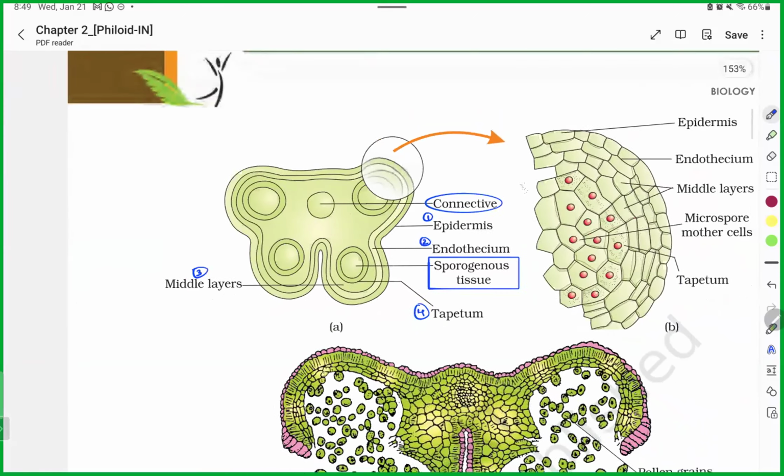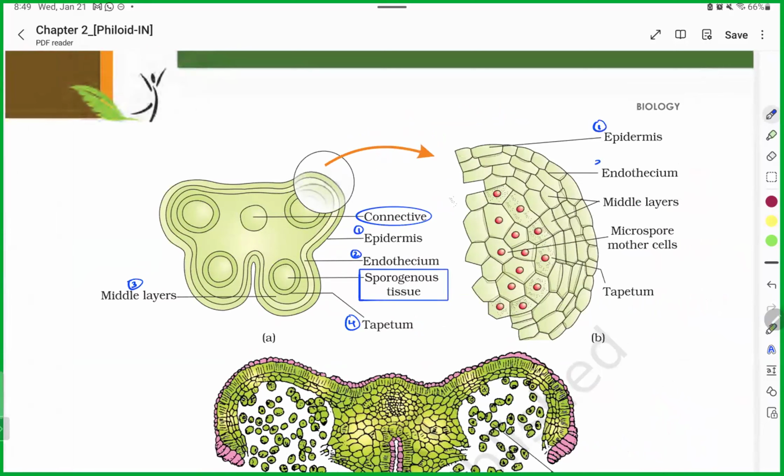The same diagram is here. Outermost epidermis, second endothelium, third middle layer. It is showing both; the first and second are logically correct. Then the third and the fourth layer is this. Then innermost is the tapetum, and within the innermost you have the microspore mother cell that will produce microspores.